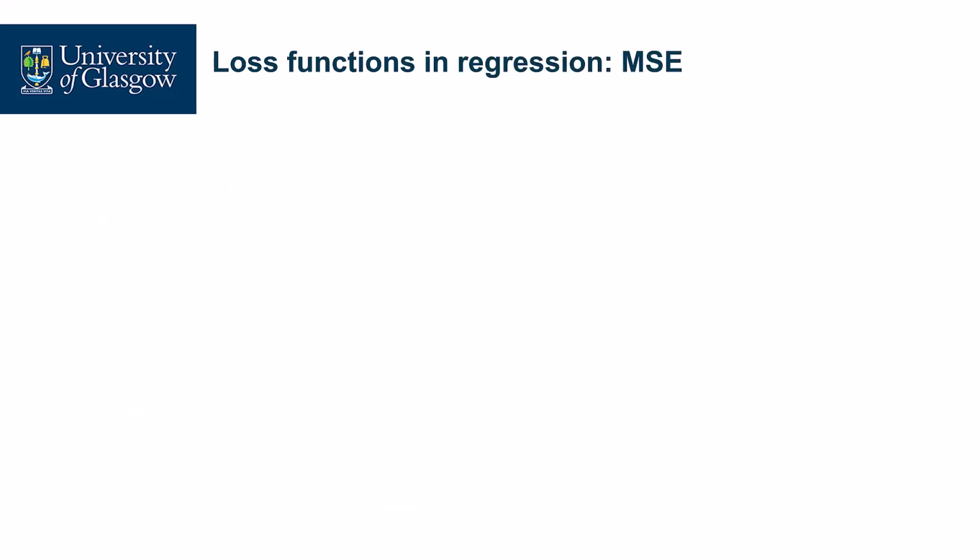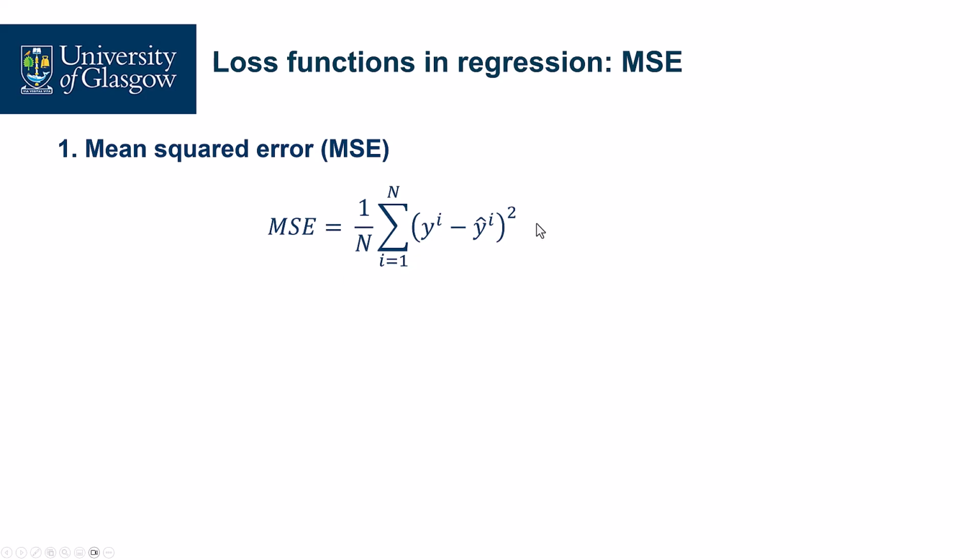The first one is MSE, mean squared error. We can see the formula here, where N is the number of training samples, Yi is an actual value, and Yi with a hat is a predicted value. We find the difference between them, square it, and take the average. This is the mean squared error, MSE.